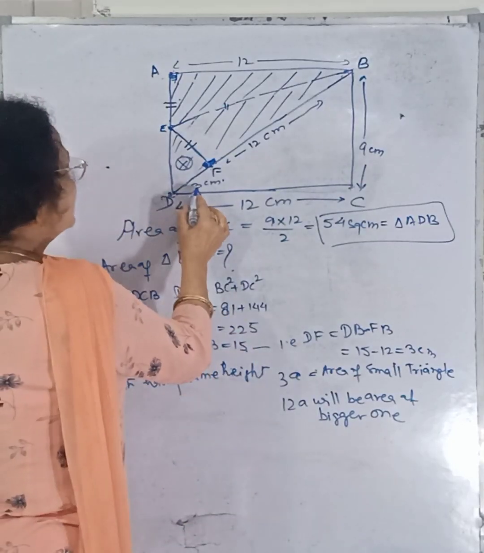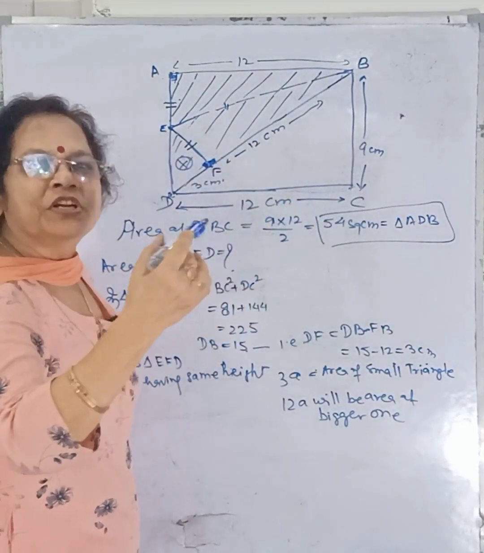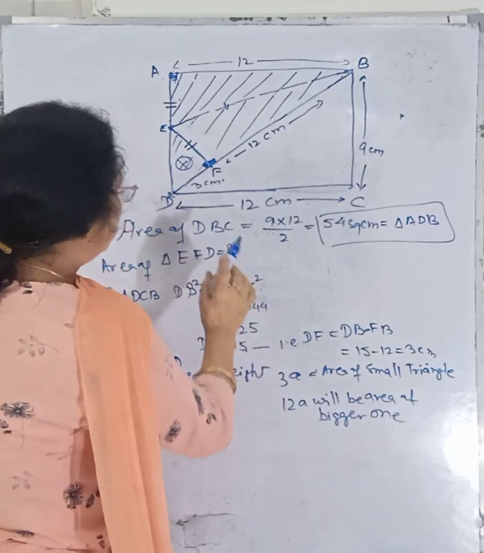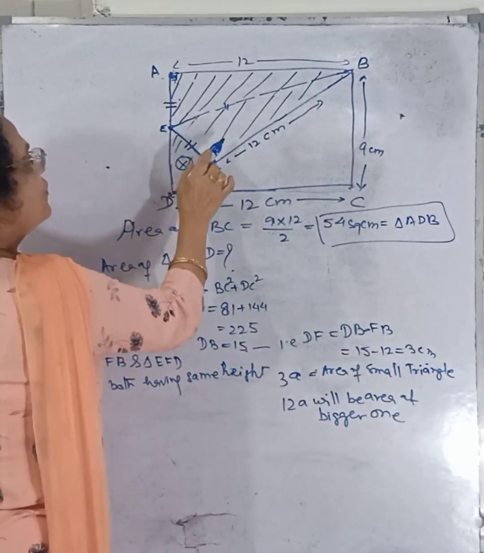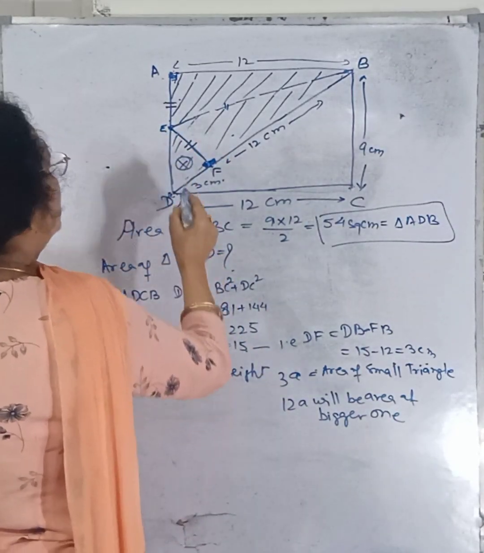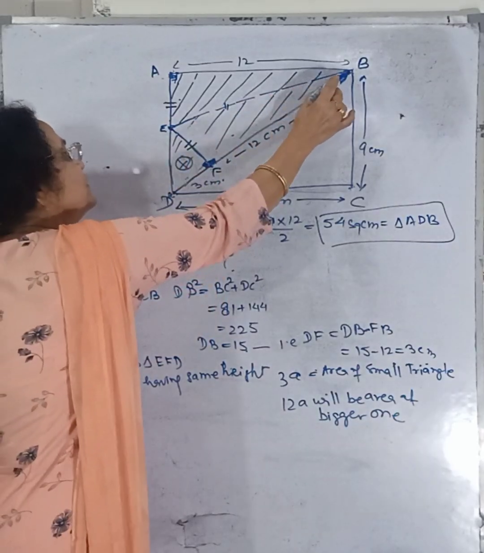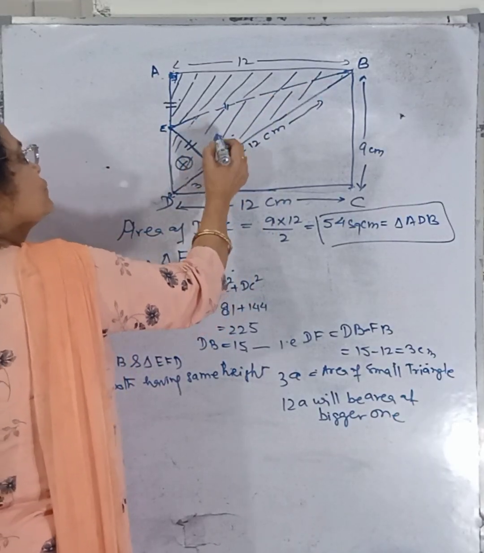The ratio of bases is 3 to 12. So if this area is 3A, this will be 12A.